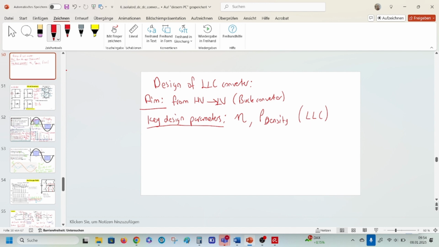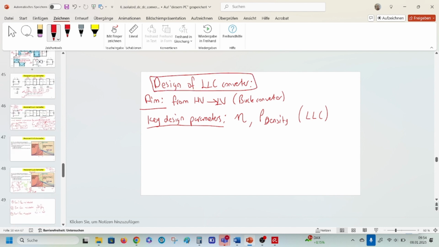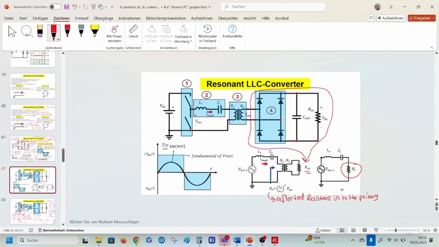And what is also important in this design, let's look again at our circuit. We have MOSFETs at the first stage.